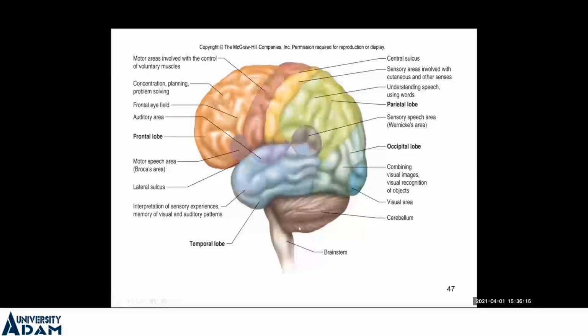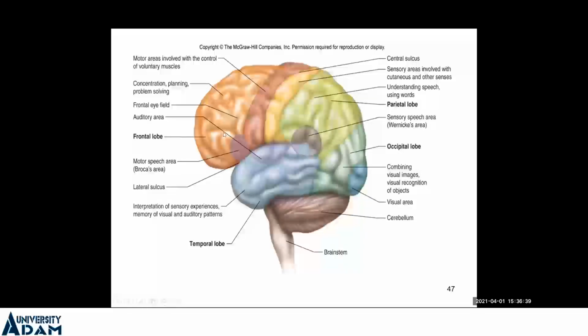The cerebellum also coordinates body balance and voluntary movements, and helps to maintain the body balance. And the occipital lobe is for the visual area. It combines visual images, visual recognition of objects, and the parietal lobe is for understanding speech using words.